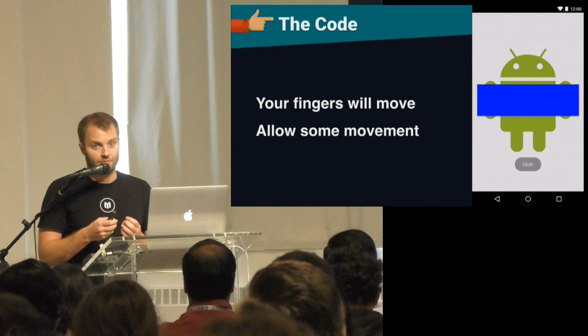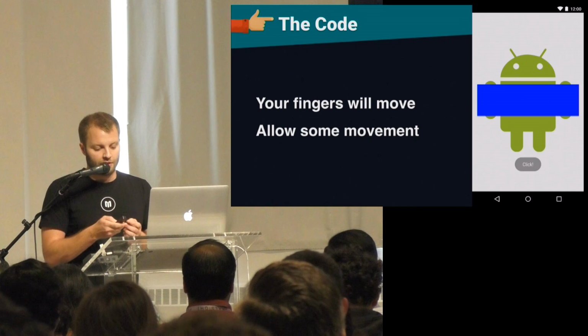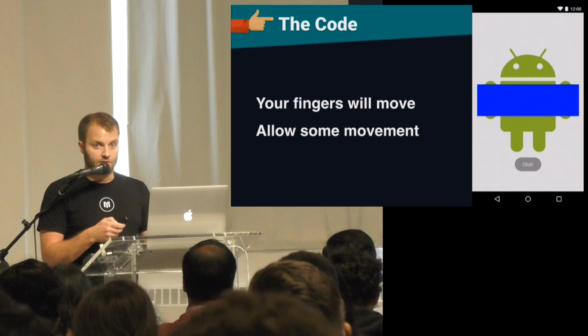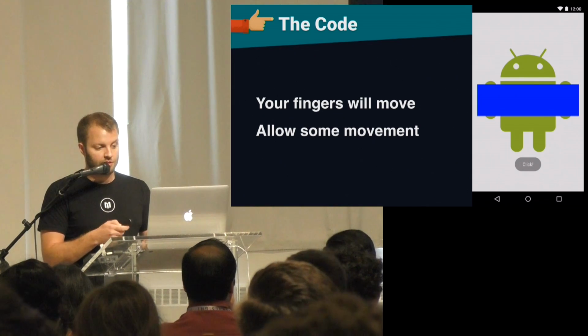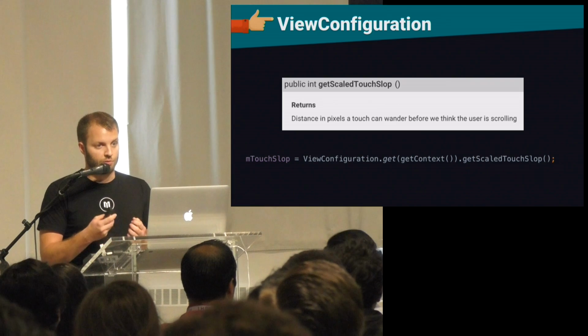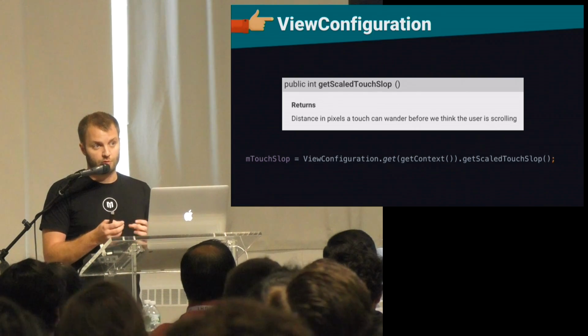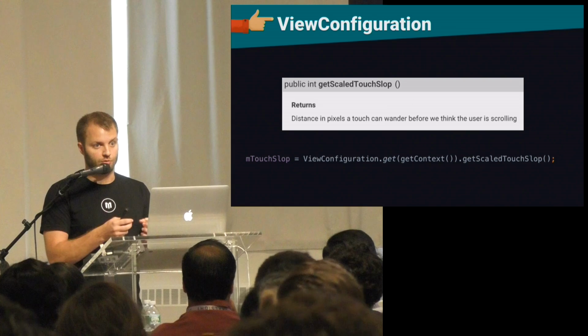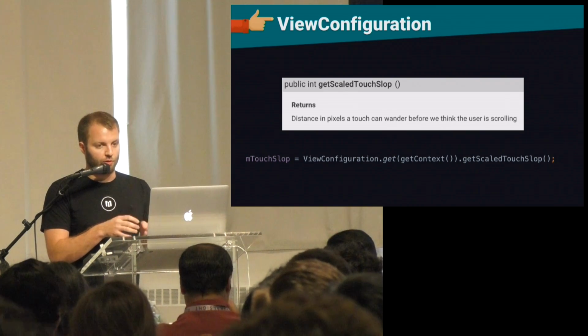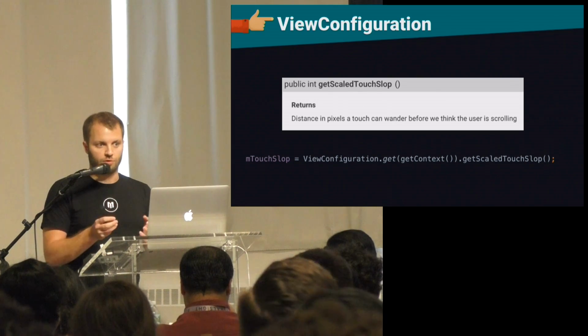And it's a concept that's true everywhere. So what Android did was provide us with a simple mechanism to account for this. And there's a class that's called view configuration that you can use, which will give you platform-specific constants to be able to work with this kind of thing. So for every device, the amount of pixels would be a little bit different.